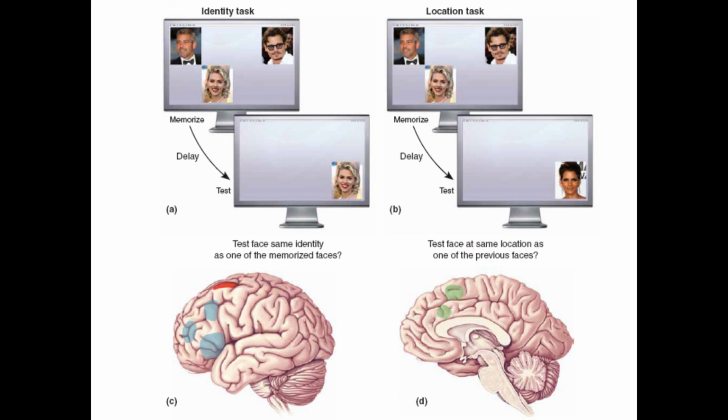You can see lateral and medial views of the brain activation for the two tasks. You can see 6 areas in the frontal lobe that show sustained activity correlated with working memory. The 3 blue areas showed greater activity in the facial identity task, and the green areas were equally active in facial identity and spatial location tasks, and the red area was more active in the location task.